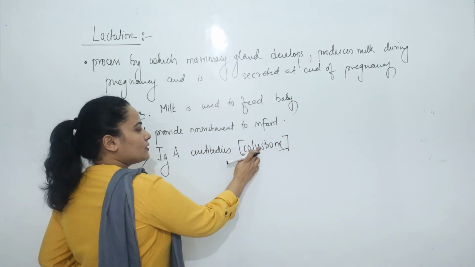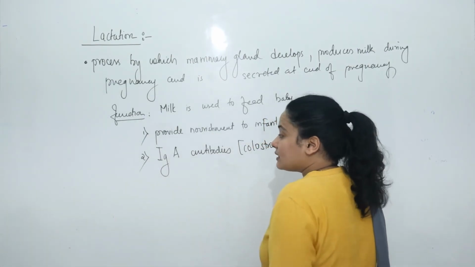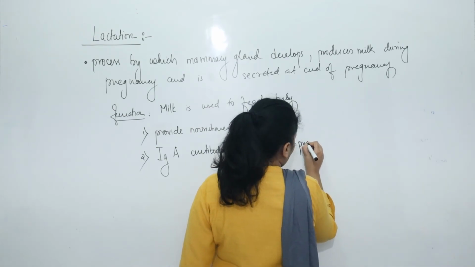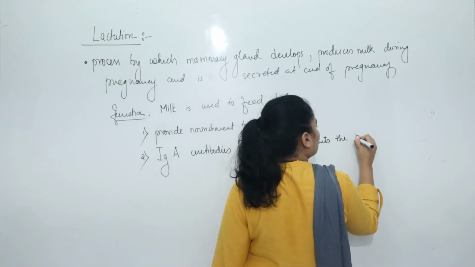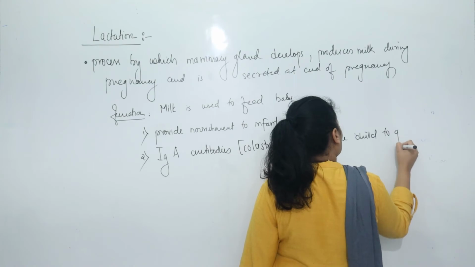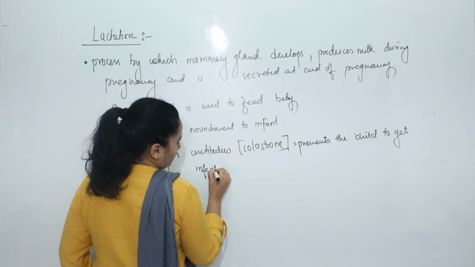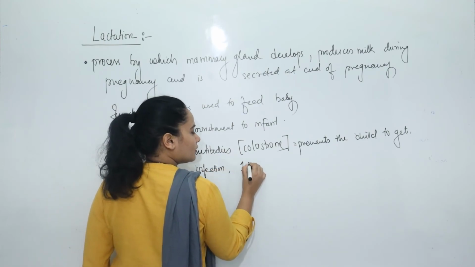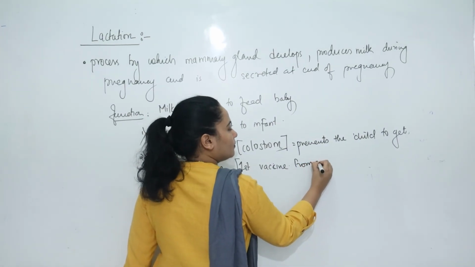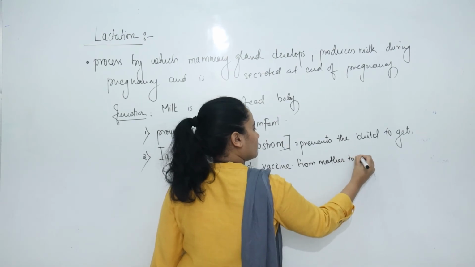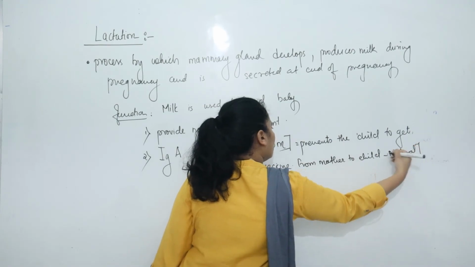These antibodies are like a vaccine to the child, so they prevent the child from getting infection. So you can say that it is the first vaccine from mother to child, and it is a natural vaccine. Let me tell you that it is a natural vaccine.